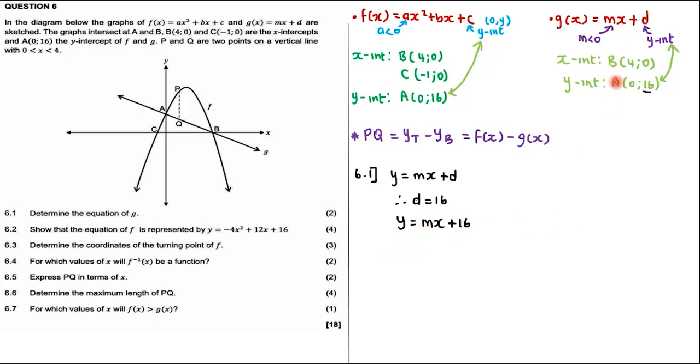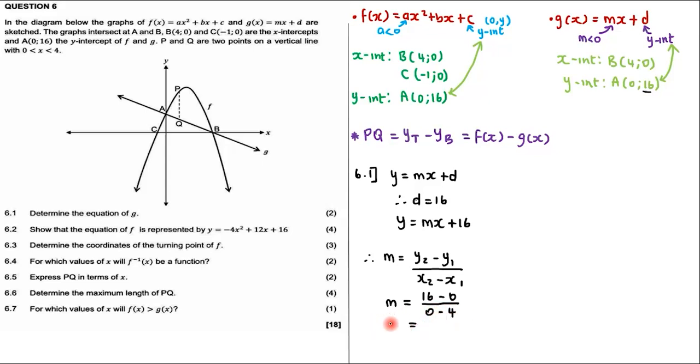To get the gradient, we're going to use those 2 points there. We know that by a formula, the gradient is y2 minus y1 over x2 minus x1, right? So our gradient is going to be 16 minus 0 over 0 minus 4, right?